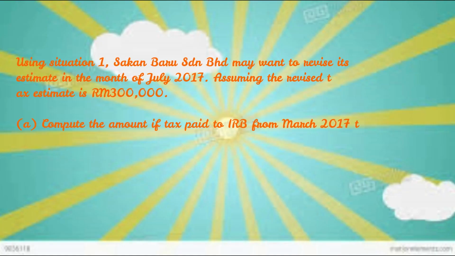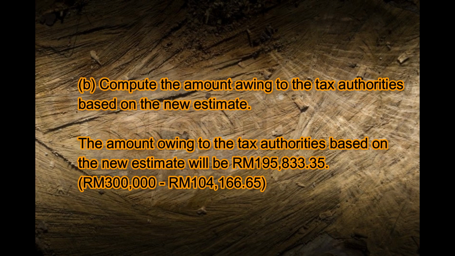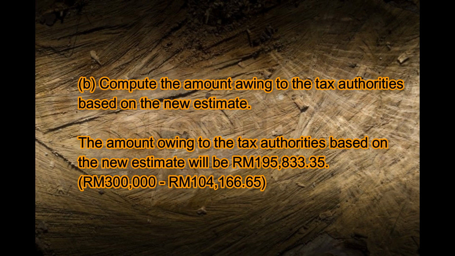Using situation 1, the amount of tax paid to IRB from March 2017 to July 2017 will amount to RM114,160.65. The amount owing to the tax authority based on the new estimate will be RM195,833.